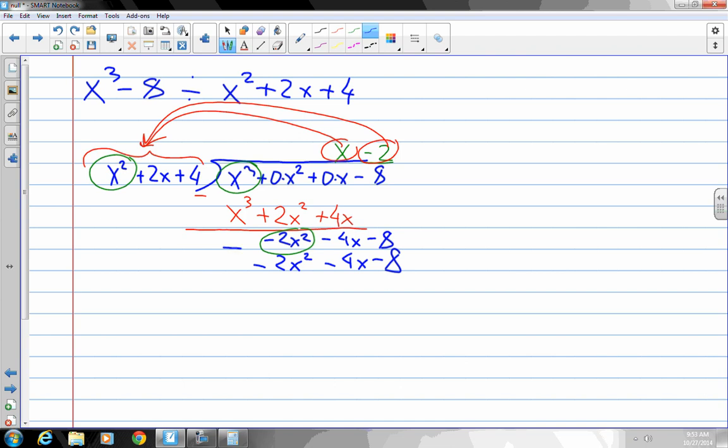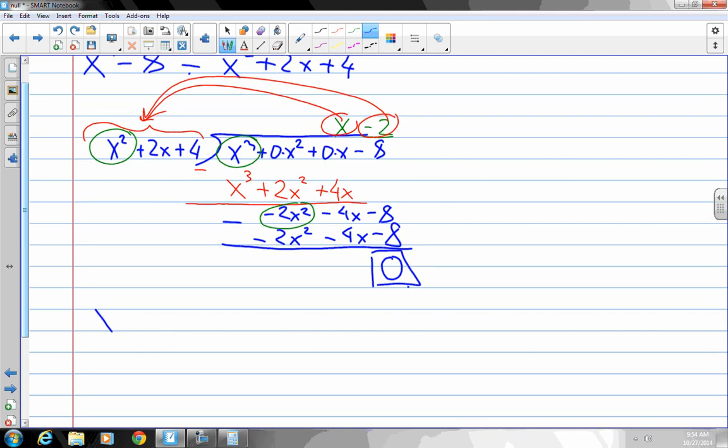So when you subtract, everything cancels and we get 0 in the end. So no remainder. That means x squared plus 2x plus 4 is a factor of x cubed minus 8. We kind of knew that, because x cubed minus 8 is the difference of cubes, and if you factor that, you do in fact get x minus 2 and x squared plus 2x plus 4.